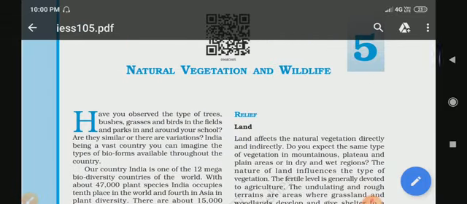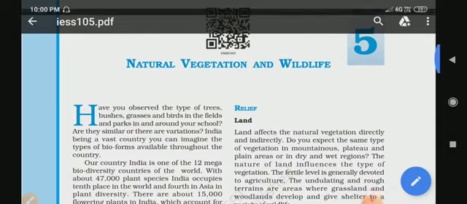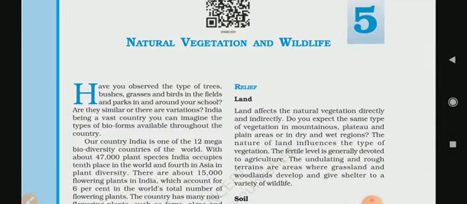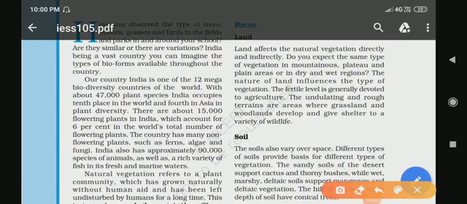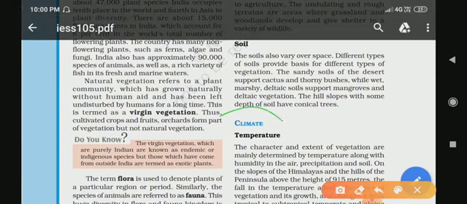Now there are certain factors that are responsible for such diversity. Let's read about each in brief. First of all, the factors are divided into two broad categories: relief and climate.